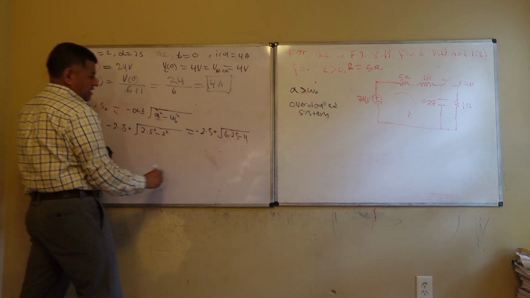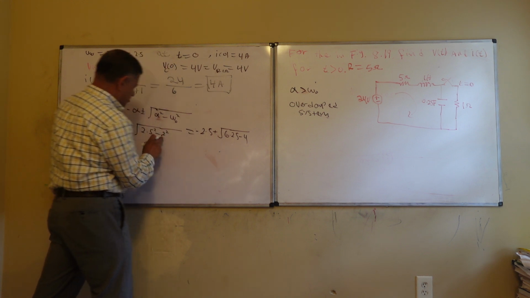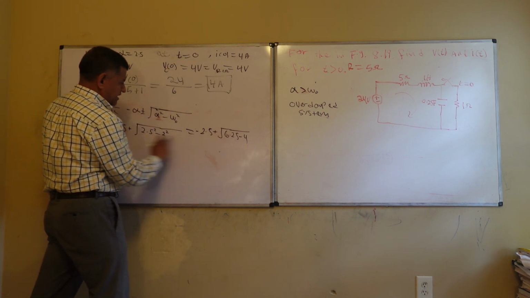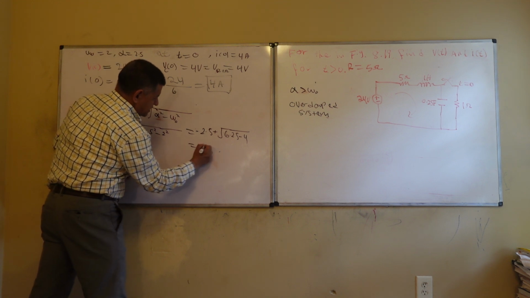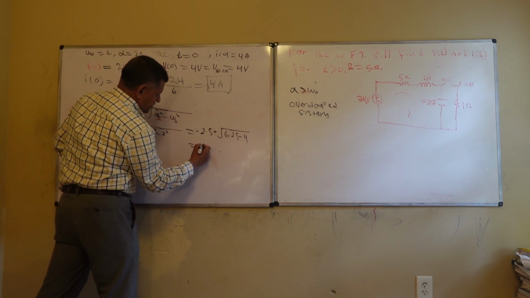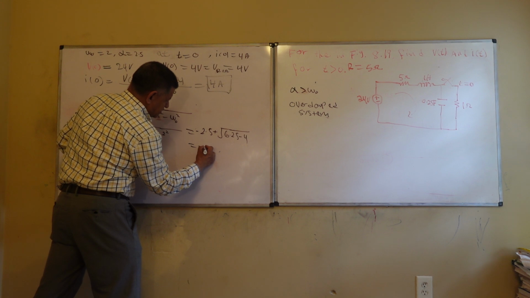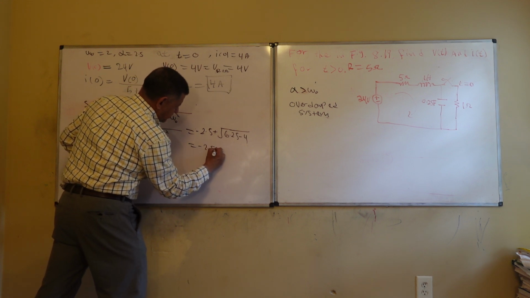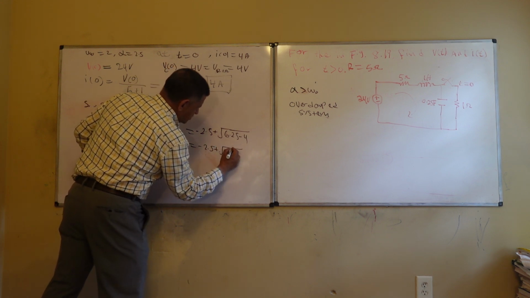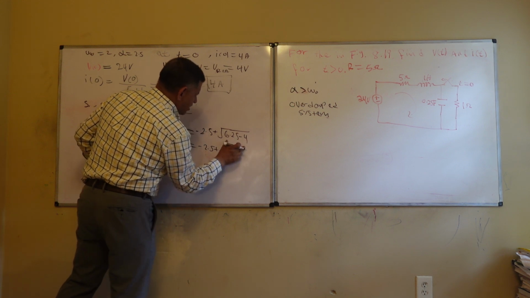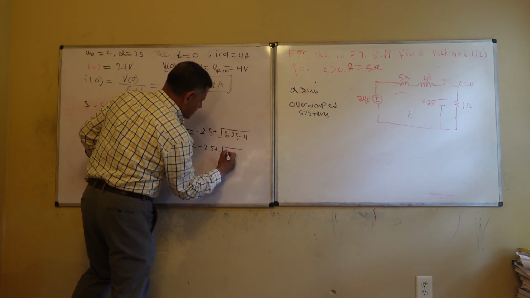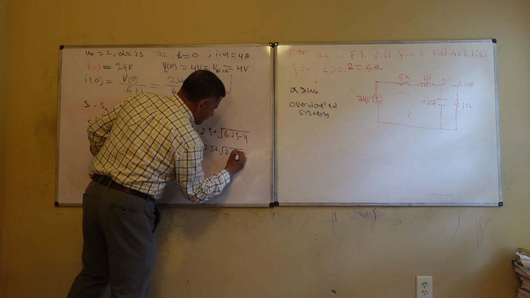When you square 2, it is equal to 4, and when you square 2.5, it's 6.25. So this is going to be under the square root: negative 2.5 plus the square root of 2.25.